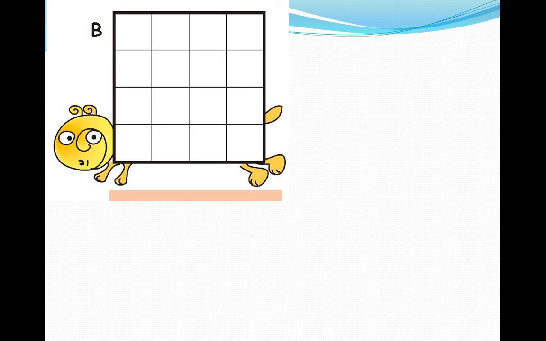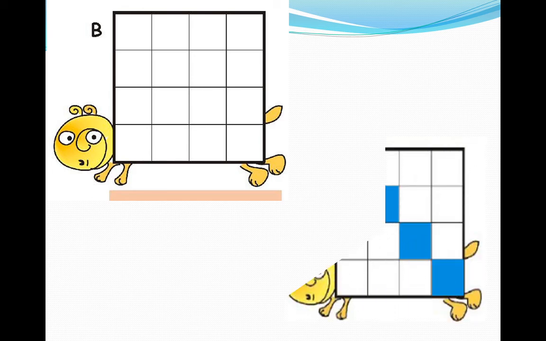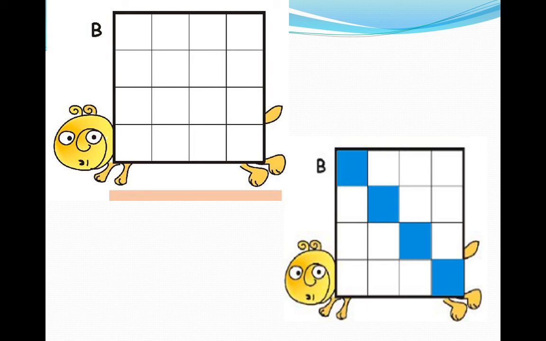Now look at here. This is grid B, and in this picture you can see that one square is again divided into 16 small squares. Okay, and this grid we will color this way. In this picture you can see that out of the 16 squares, 1, 2, 3 and 4 blue squares are there.